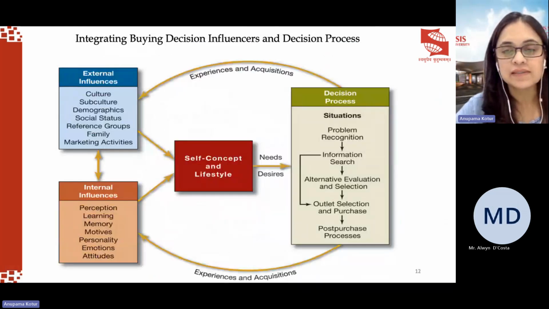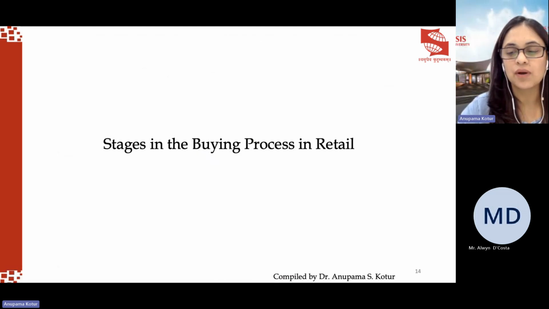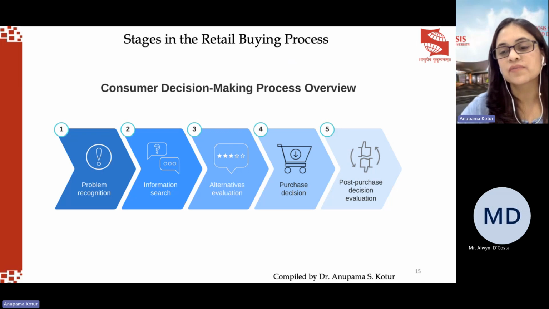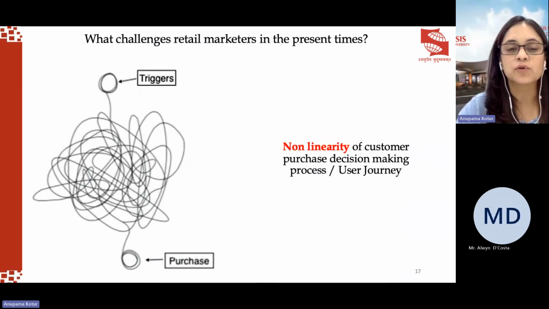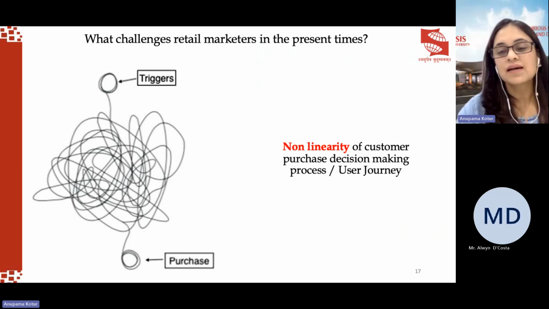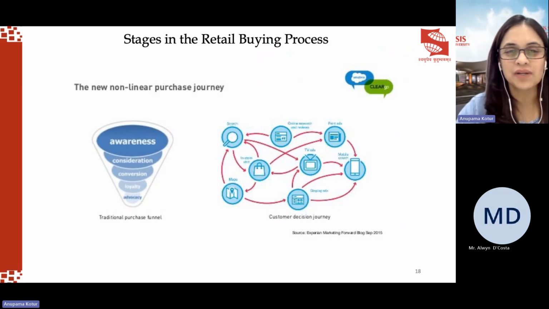We looked at several forces that influence consumer behavior and how that influences the consumer's buying decision-making process, right? We looked at some of the models of decision-making processes, how the linear understanding that we had in the past has evolved over the years due to several forces, which has made the buying decision process itself a very non-linear one, therefore making the entire marketing exercise generally complex, if not complicated, but a rather complex one.